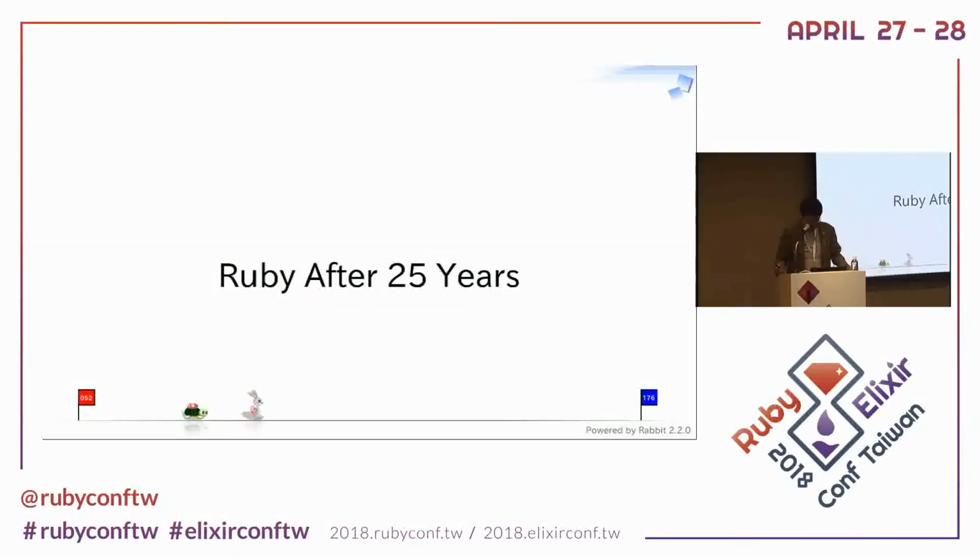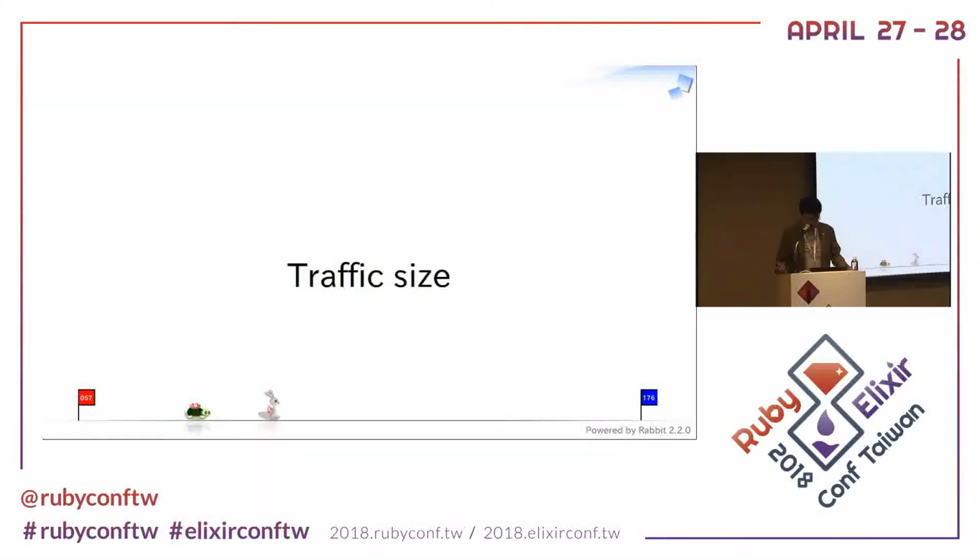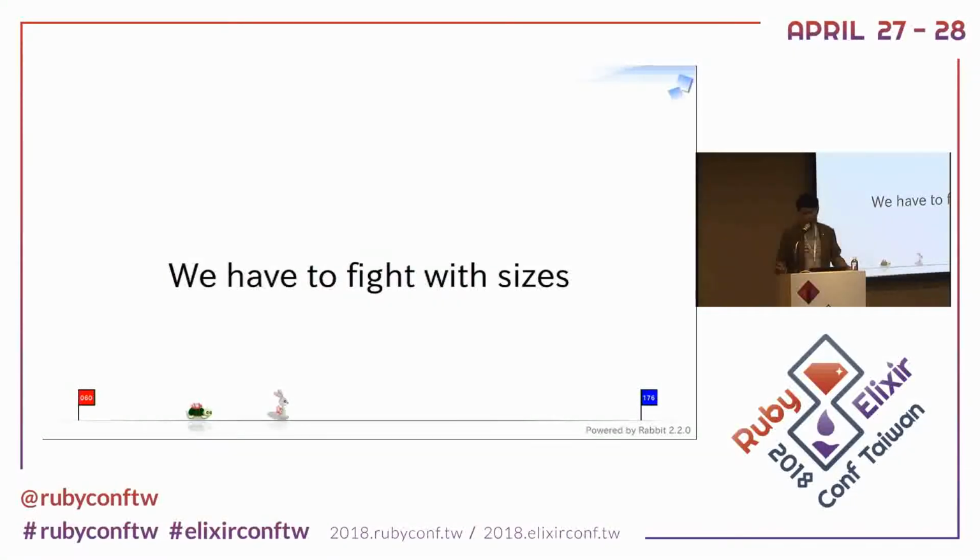So for Ruby after 25 years, the trend toward the future is scalability. Everything is getting bigger: the data size, traffic size, program size, team size, everything getting bigger and bigger. And we have to fight with these sizes and the complexity.